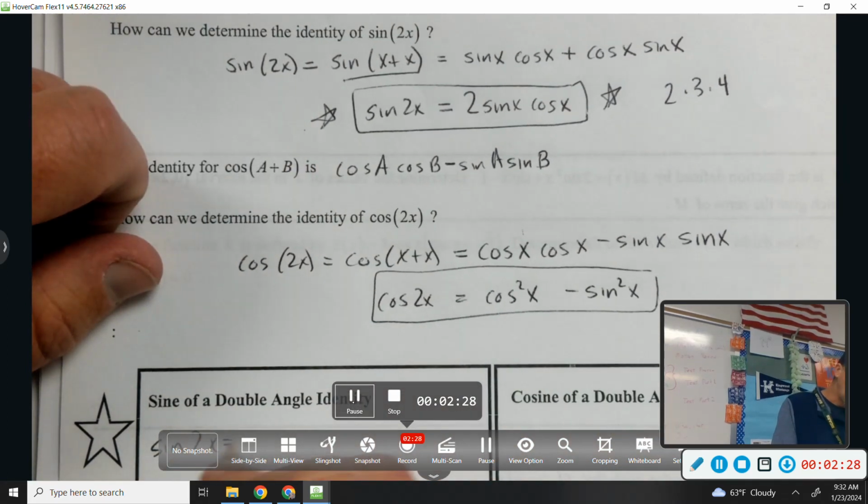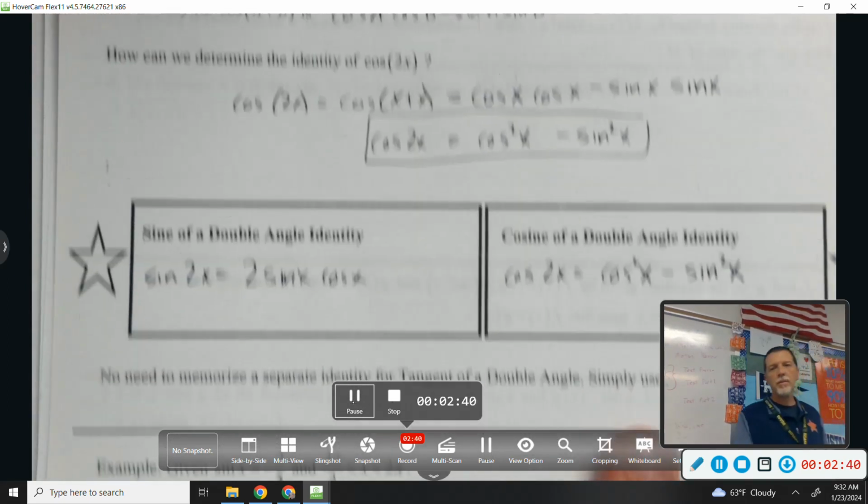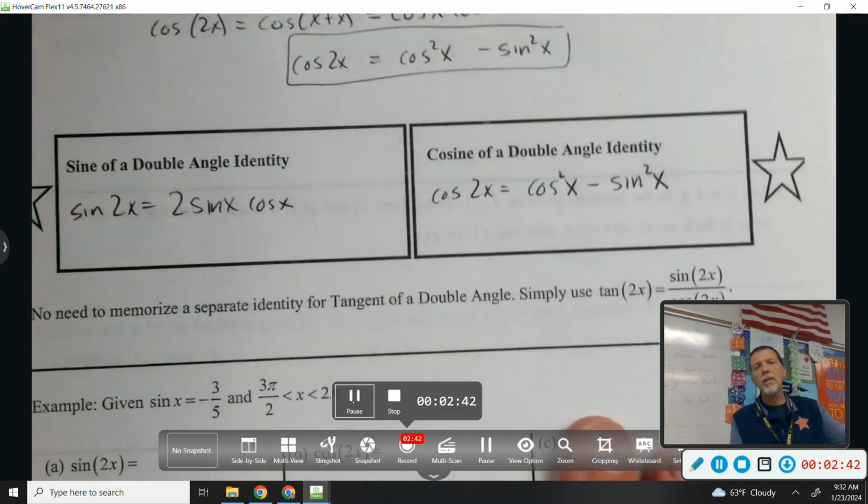So sine of 2x is 2 sine x cosine x. Cosine of 2x is cosine squared x minus sine squared x. Put those where you can see them.